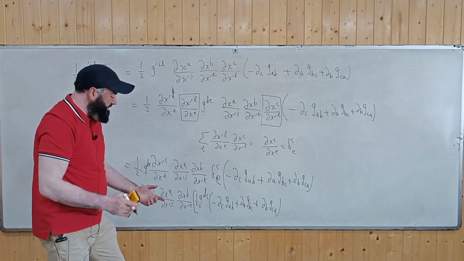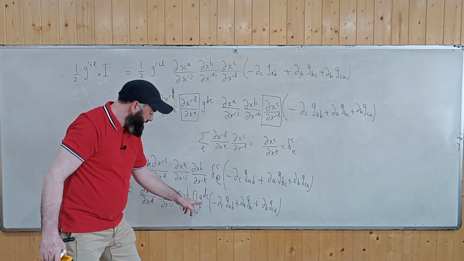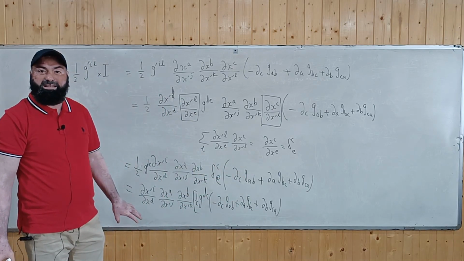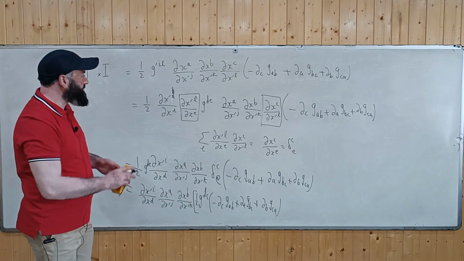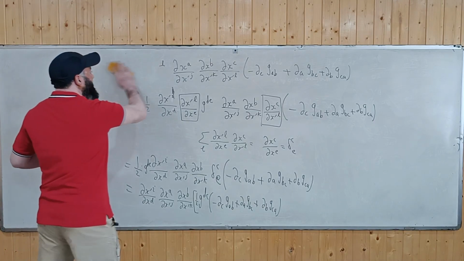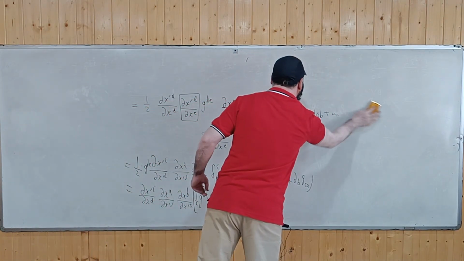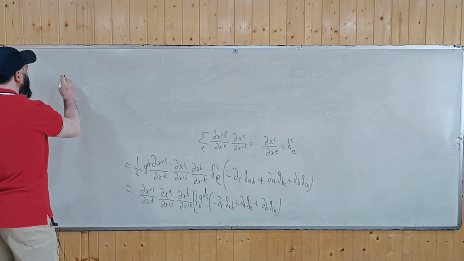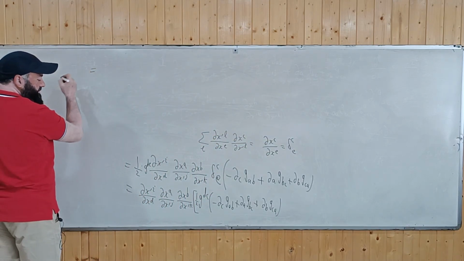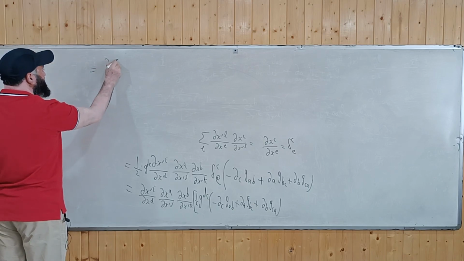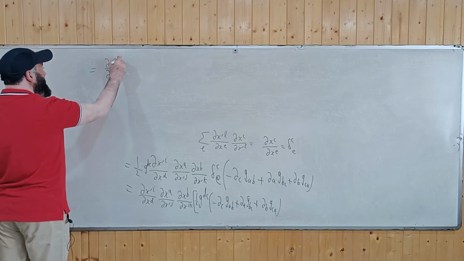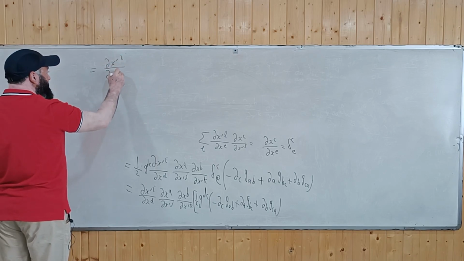Now what is this object? Anybody guess? So g d c, c is contracted, a b. So it's a Christoffel symbol, is it? So therefore I can write, this is simply equal to partial x prime I by partial x d.